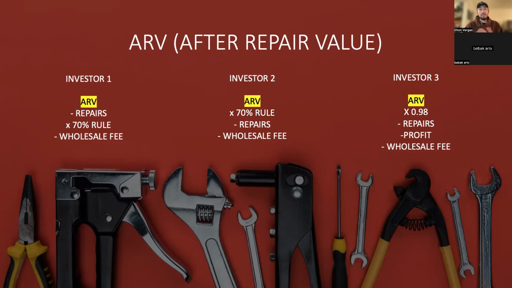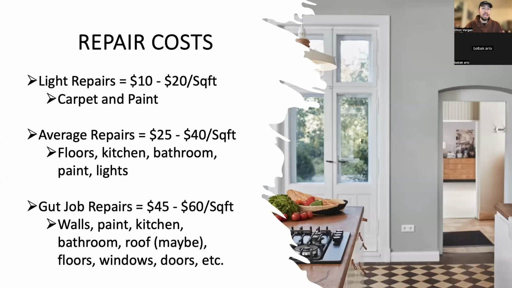So the next factor that we have to understand is repairs, because, again, after repair value is the first factor. Repair costs are going to be average repair costs throughout the nation. These are not going to be city specific or down to the dollar of what it takes to rebuild specific updates in the property.